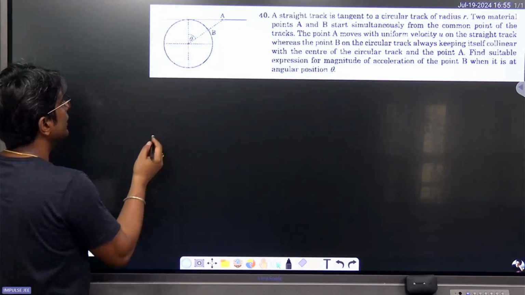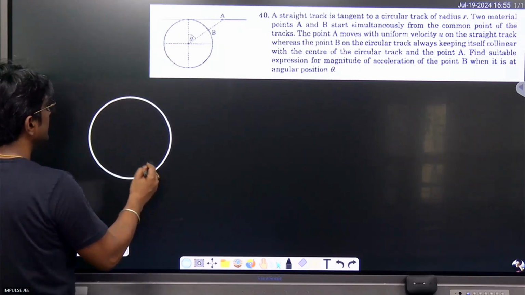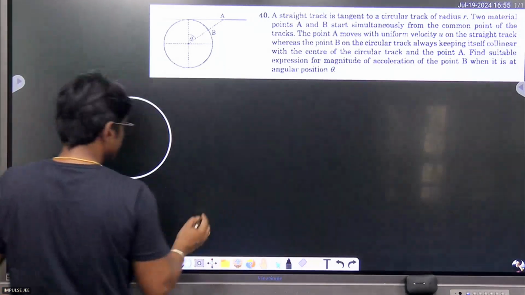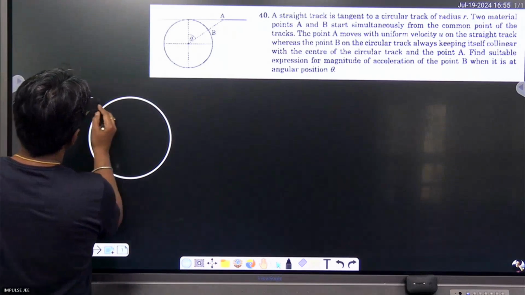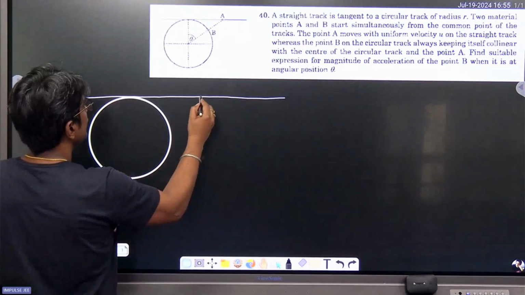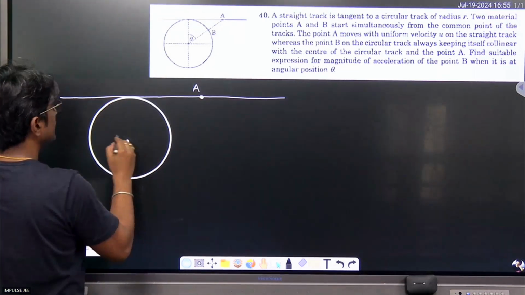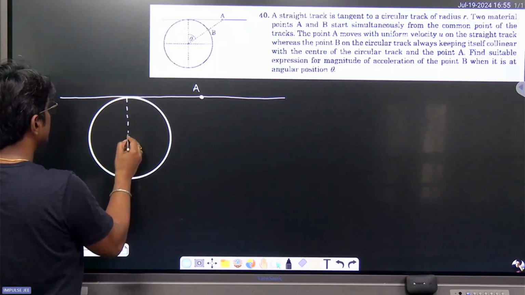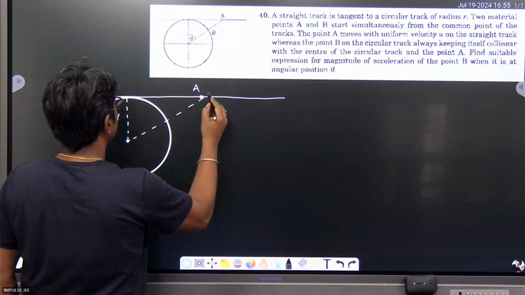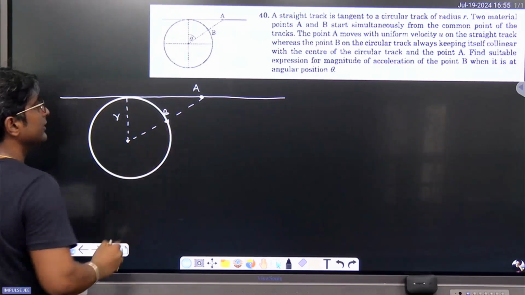So I am going to draw this figure once again. This is the circle, and say this is the line on which A is moving. This is the center, and this radius is given R. And B is somewhere lying on this circle.